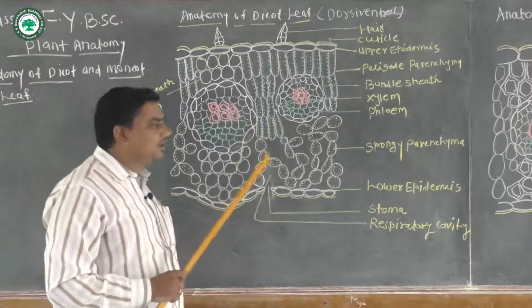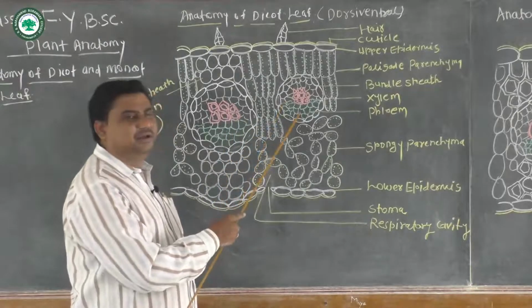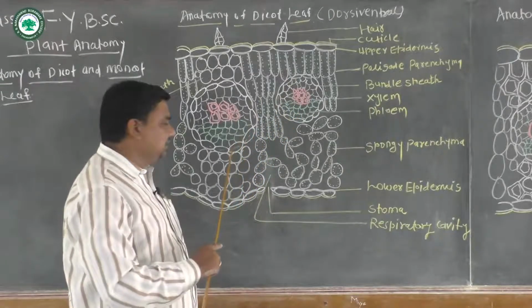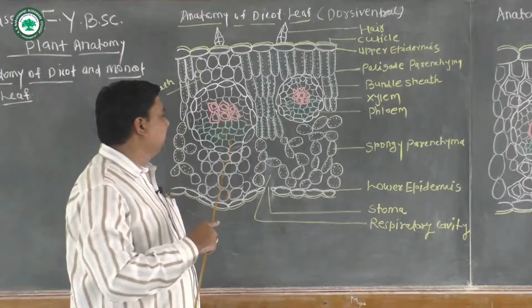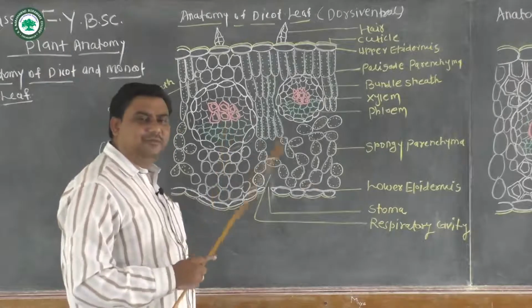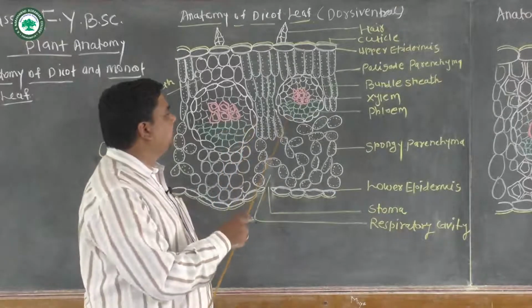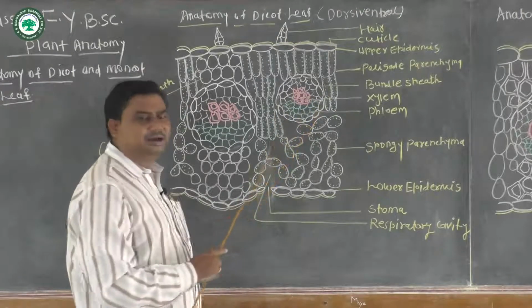This vascular bundle is larger in size as compared to this one, because it is cut from the midrib region. Midrib vascular bundles are larger in size as compared to the mesophyll cell vascular bundle.